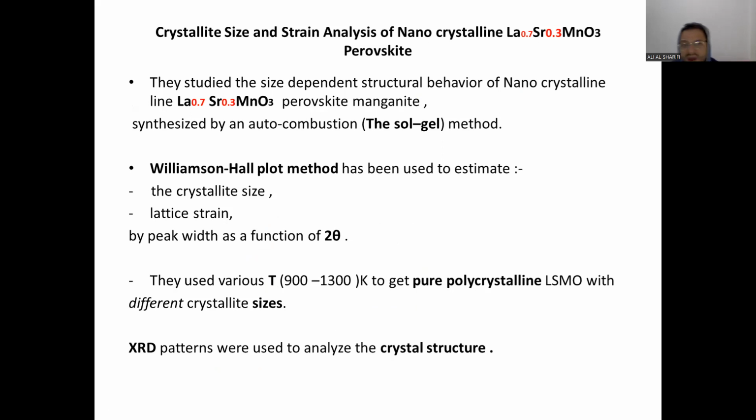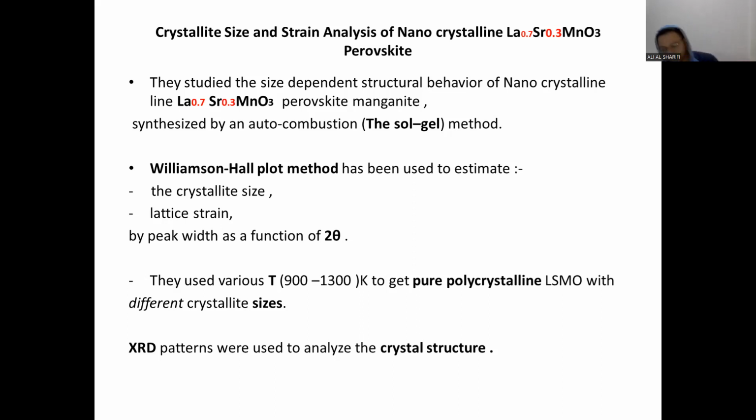The authors, the scientists in this article, studied the size-dependent structure behavior of nanocrystalline lanthanum strontium manganese oxide, perovskite manganites, synthesized by the sol gel method.